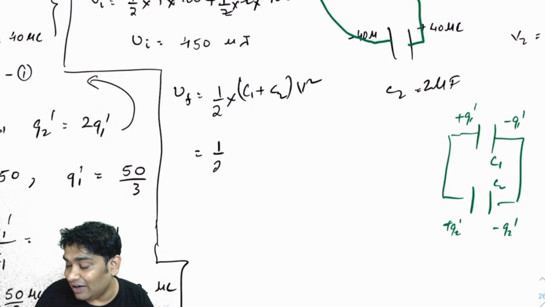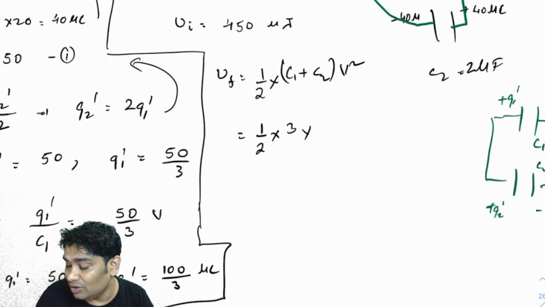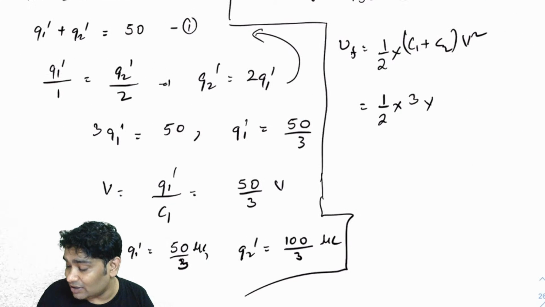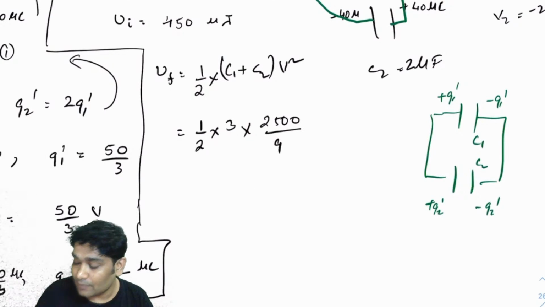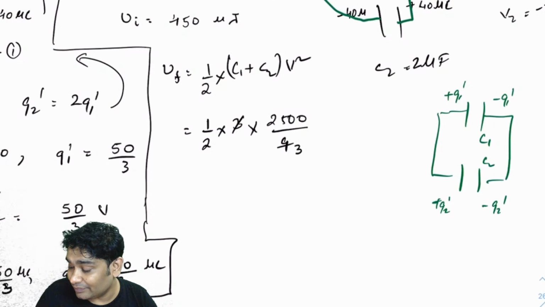So that would be half into 3 into the common potential I found as 50 over 3. So that will be your answer. U final, I'm getting 1250 over 3.